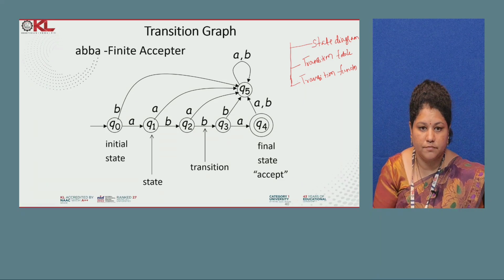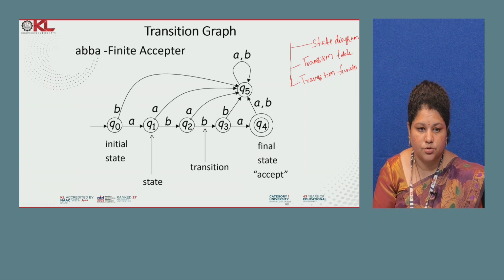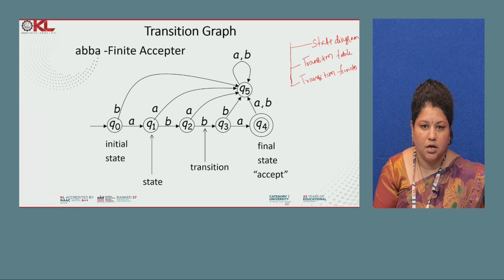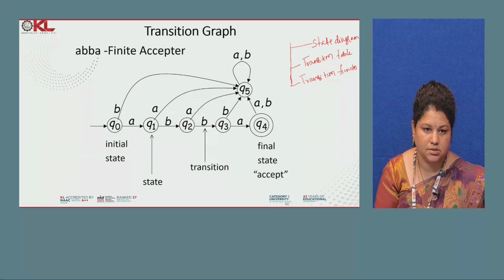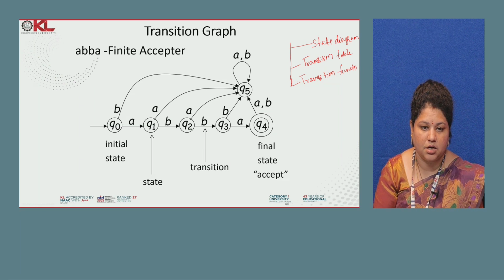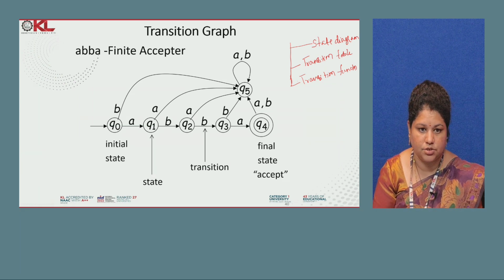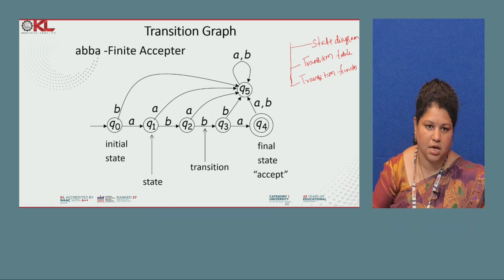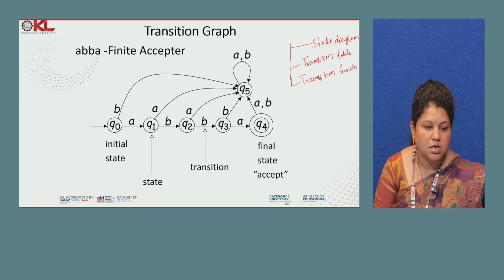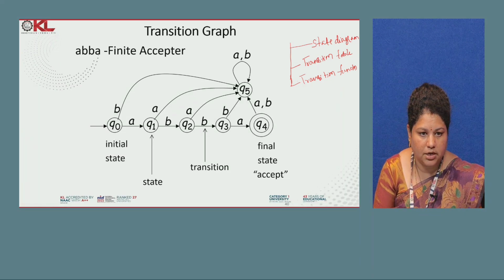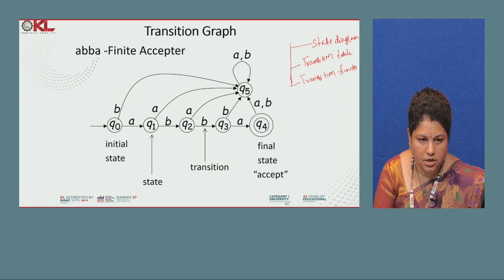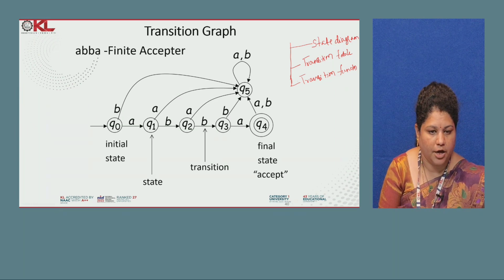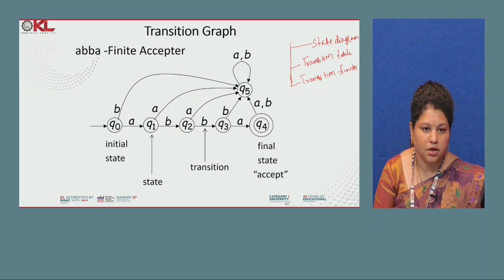So here we are having the state diagram. In the state diagram, circles represent the states, and arrows represent transitions. The given alphabets are nothing but input symbols, A, B, C, like that. The initial state is marked with an arrowhead.